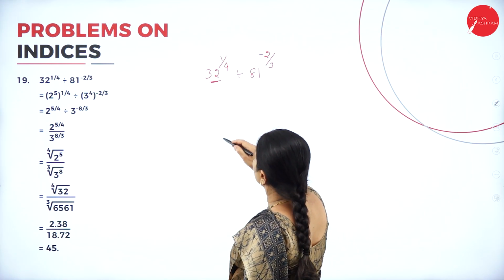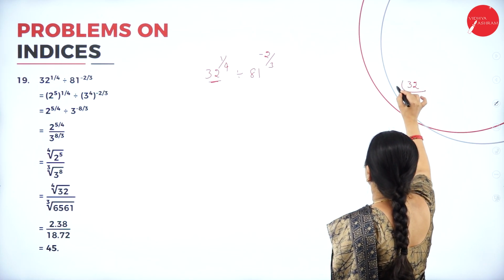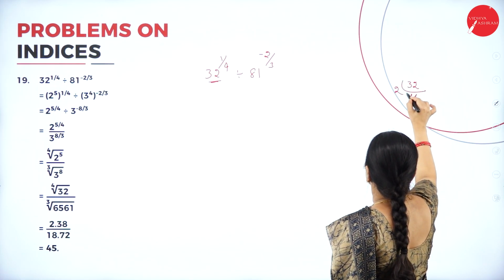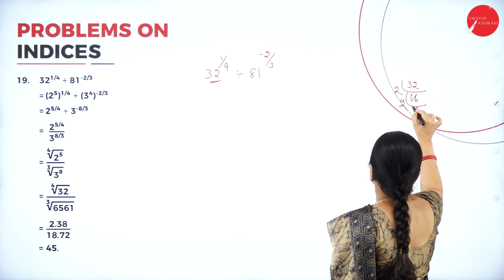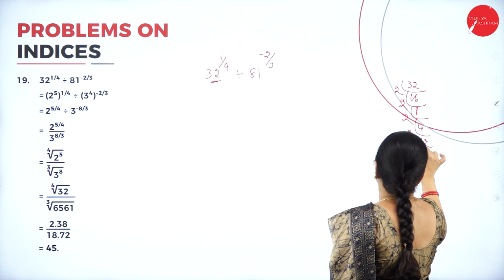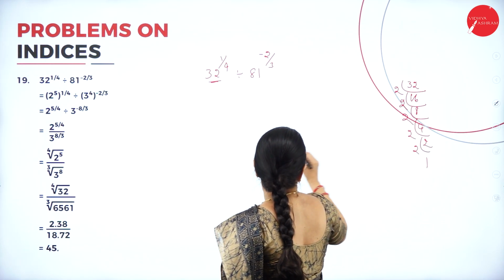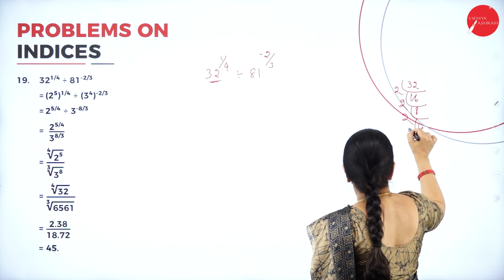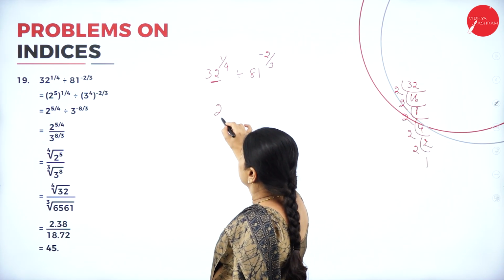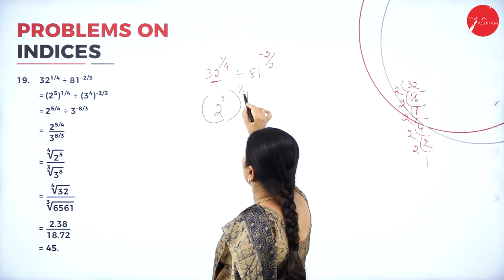So what I will do is, I will simplify this 32. I'll write here 2 ones are 2, 2 sixes are 12, 2 eights are 16, 2 fours are 8, 2 twos are 4, 2 ones are 2. So I am writing all the factors of 32. So that will be 1, 2, 3, 4, 5. So 2 to the power of 5 whole to the power of 1 by 4.